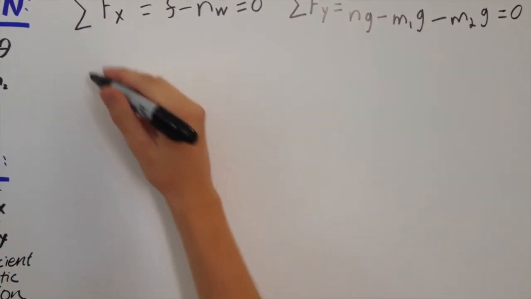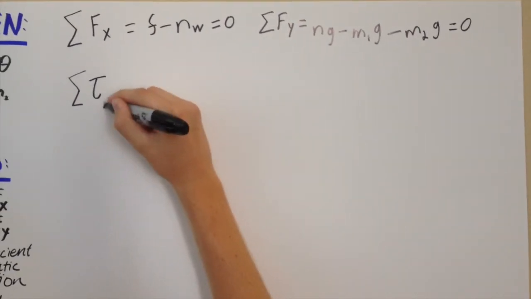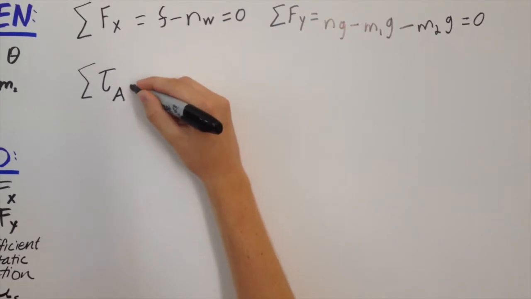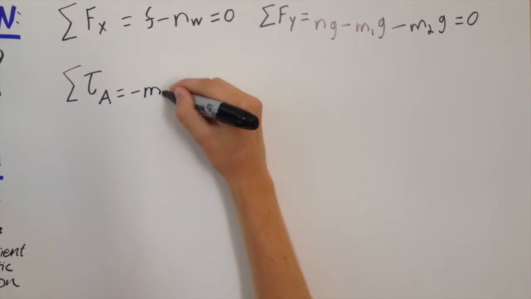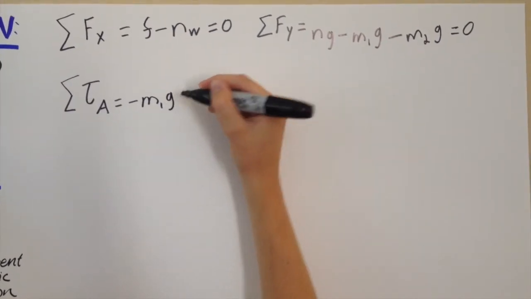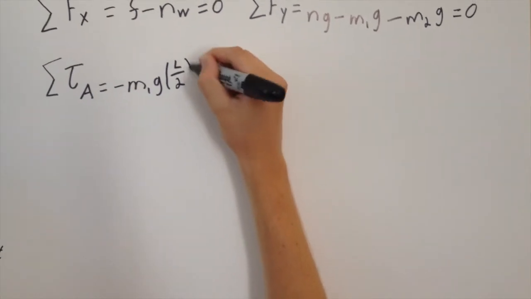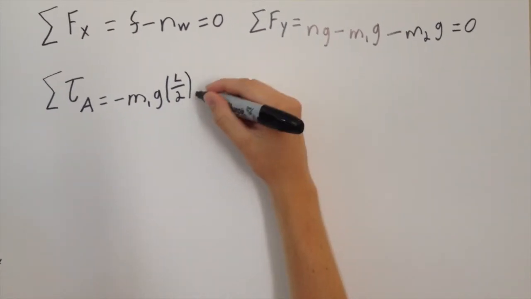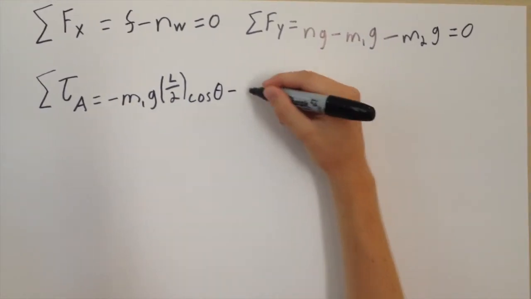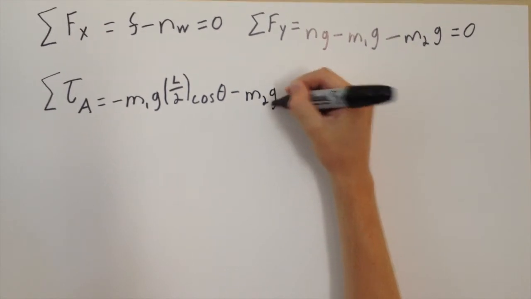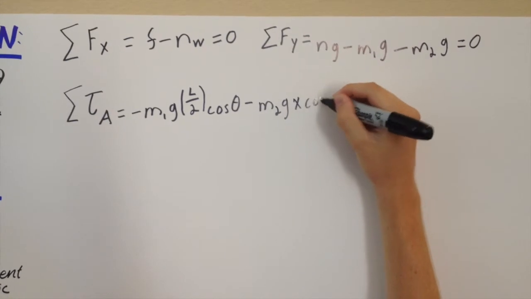Lastly, we need to find the sum of torque about the axis. This equation is equal to a negative mass of the man times the gravity multiplied by the length of the ladder divided by 2 cosine theta, subtracted by m2 multiplied by g times x times cosine theta.